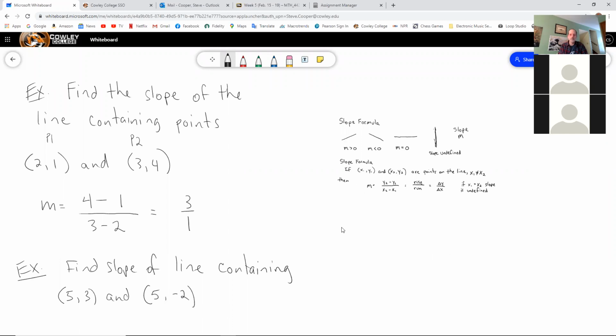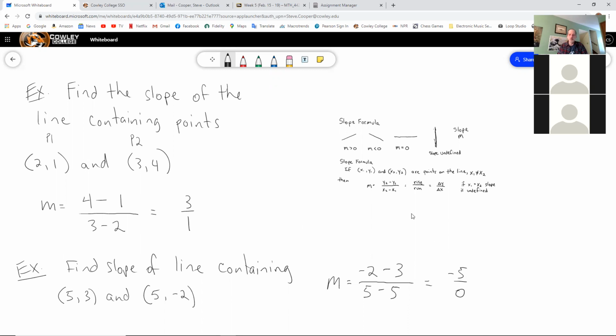Okay, so if I try and plug this into the slope formula, I'm going to get m equals negative 2 minus 3 over 5 minus 5. So something's wrong here, right? That equals negative 5 over 0, and we can't divide by 0.